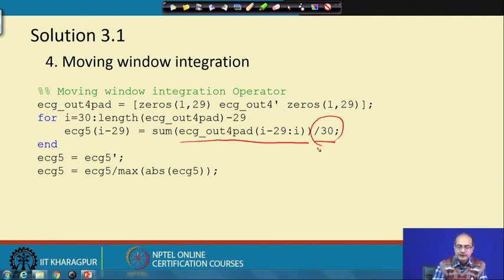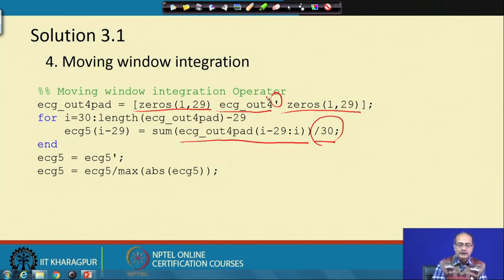And to do this operation faithfully, we need to pad the signal with zeros on both sides. We should have 29 more zeros on both sides of the ECG out 4, and this operation is a transposed operation. Okay.